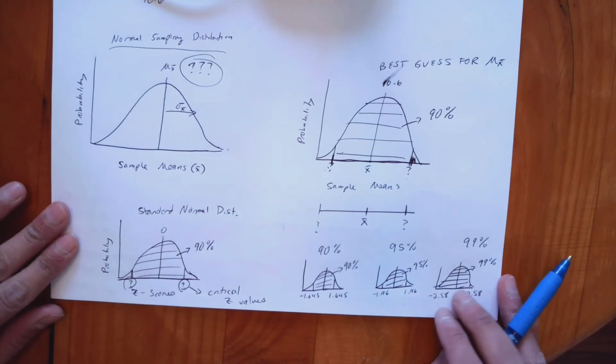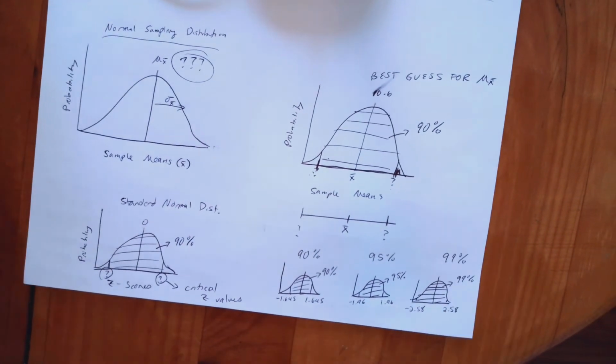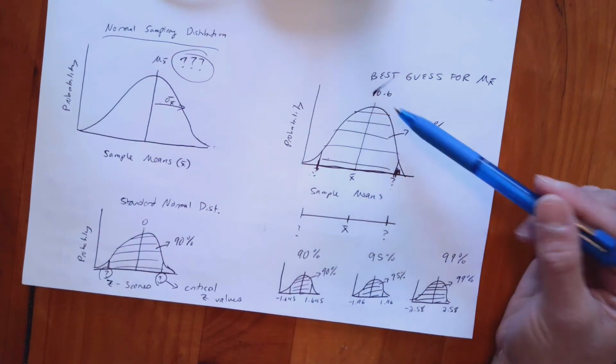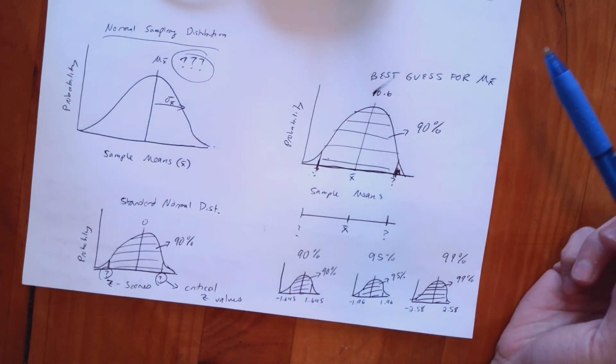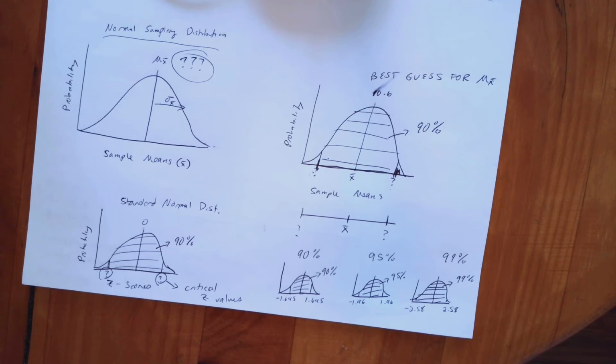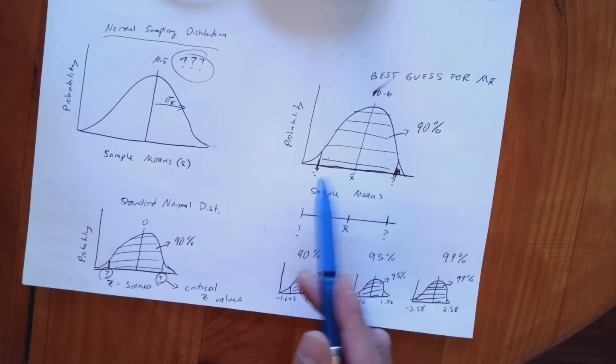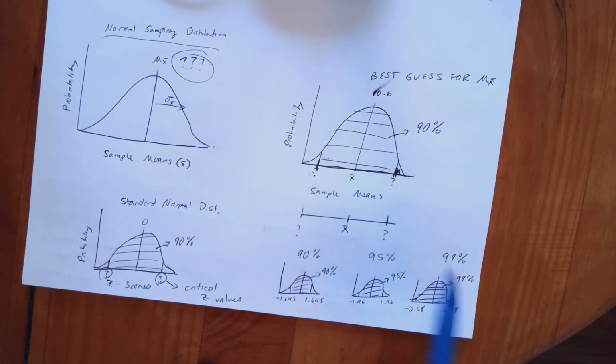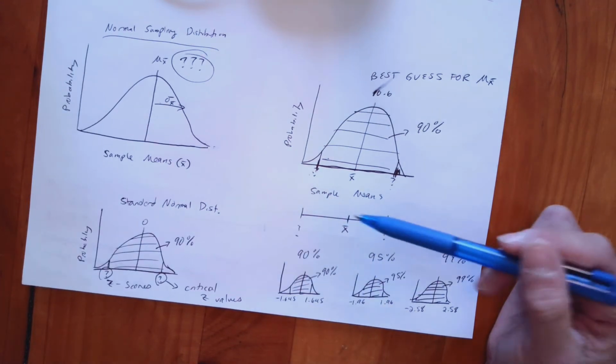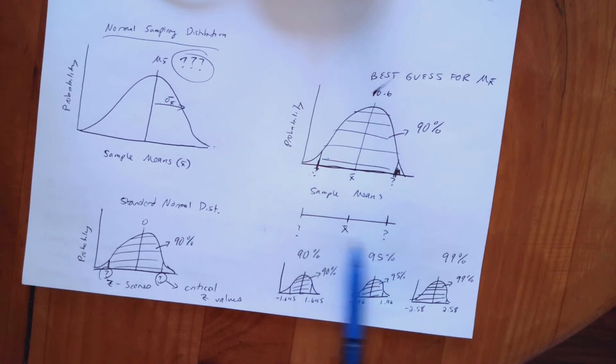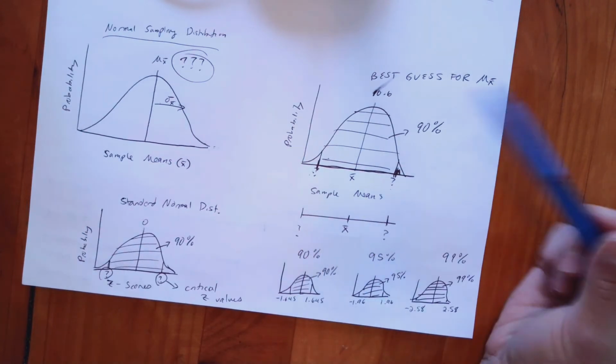So to sum up here, what we're interested in finding with the confidence interval is this range of values around our sample mean that most likely includes the population mean at some level of confidence. And we find the range of values by using the normal distribution that describes the sample means that you're likely to get when you take a large sample. So we're interested in finding an interval that we can be 90% confident includes the true population mean.